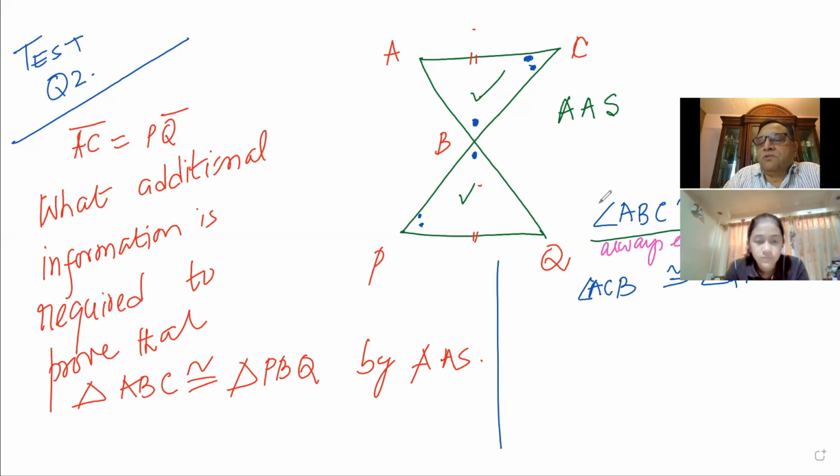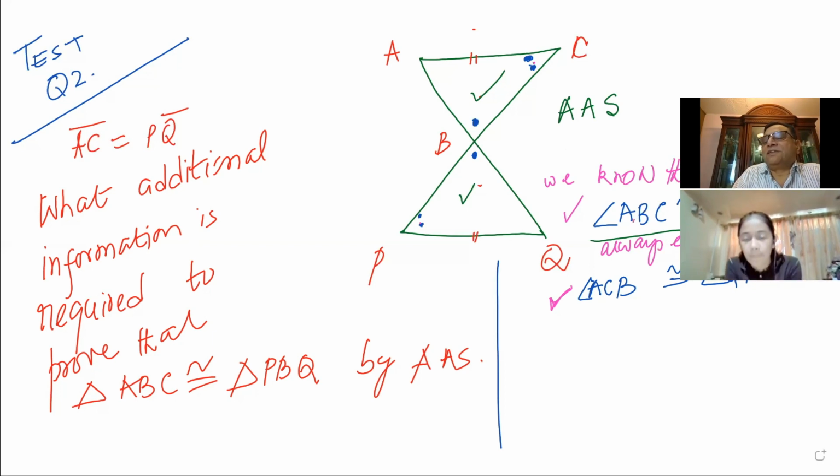You should know, also, you could assume also. I mean, you don't have to be told. But if I even tell you one angle, that this is equal, then also you can show that these triangles are congruent, correct? Yes. So in this question, what additional information is required to prove that this is equal to this? So you can always say, we know that this angle is equal to this.